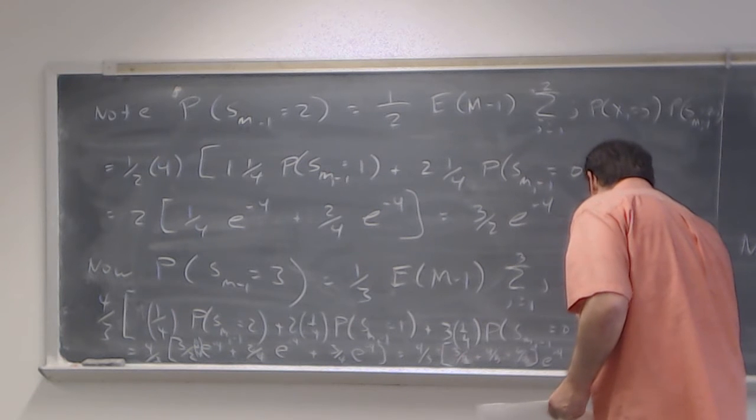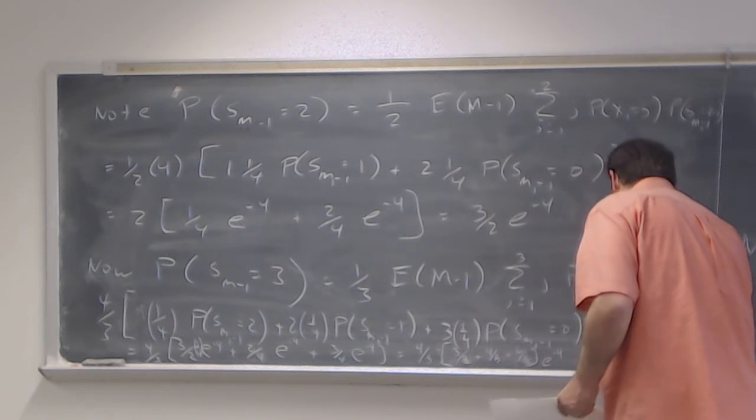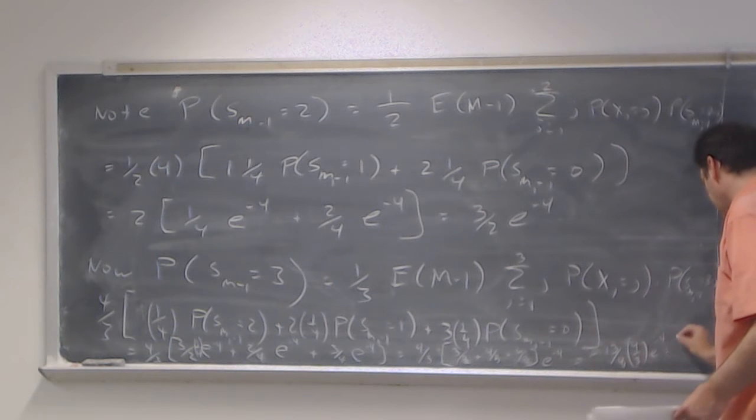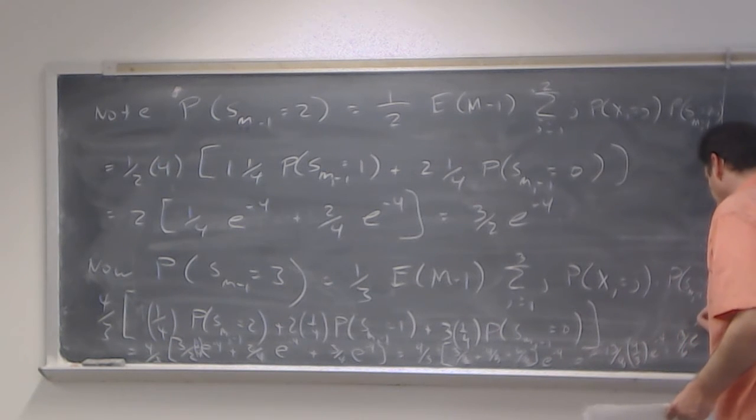8 times 4/3 times e to the minus 4. And so what I end up getting here, this cancels out to 13/6 e to the minus 4.